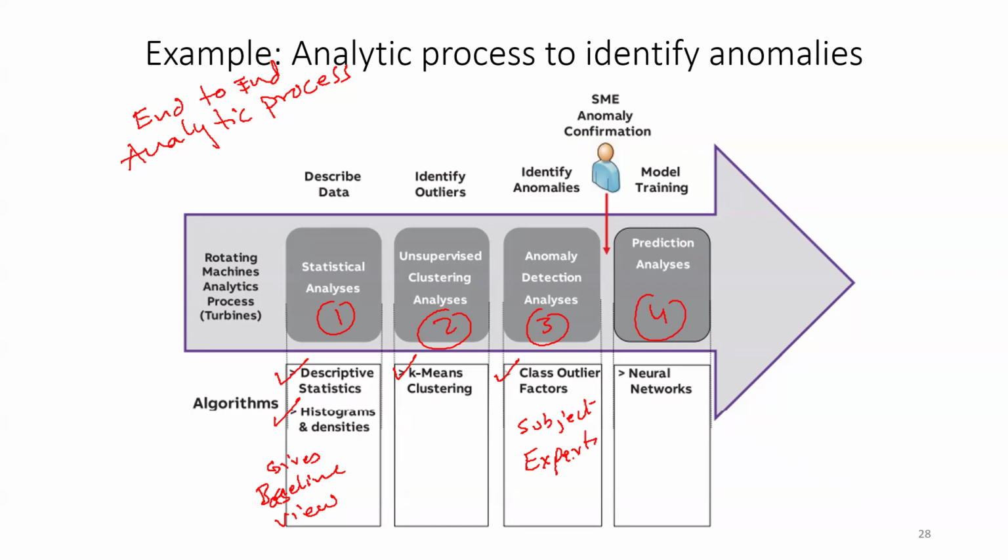Then we have the predictive analysis, and finally we have the confirmed anomalies, which are used to train the models. Here we train based on confirmed anomalies. A neural network is commonly used, or other machine learning techniques can also be applied to forecast the future fault conditions.